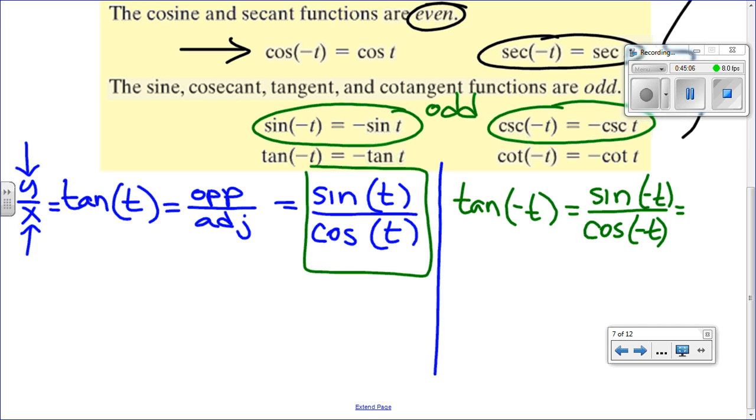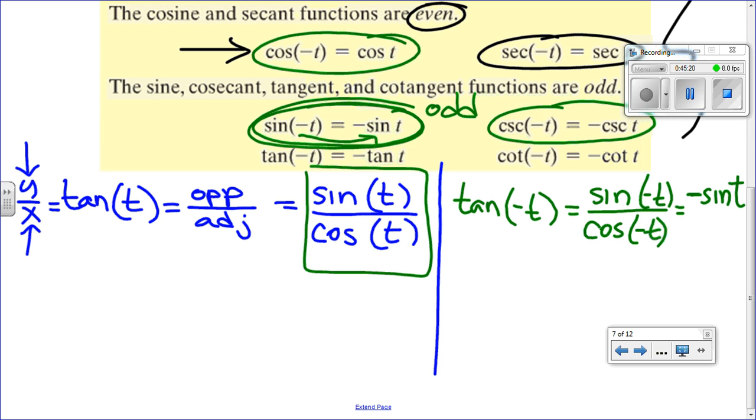Now, based on our knowledge from here and here, sine of negative t is equal to minus sine of positive t. And then according to this one here, what is cosine of negative t? Is equal to cosine t.